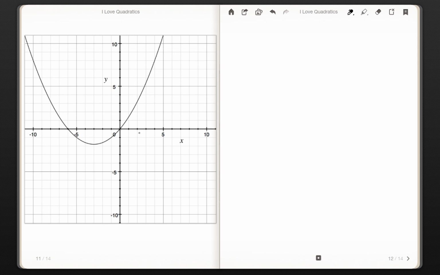So for this one, we're back to a graph where we don't know exactly what the vertex is going to be, but we do know, we can see that the roots are -6 and 0. We can tell that the x-coordinate of the vertex is -3 because it's going to be right between the two roots, but we don't know what the y value is going to be, so we're going to use root form.